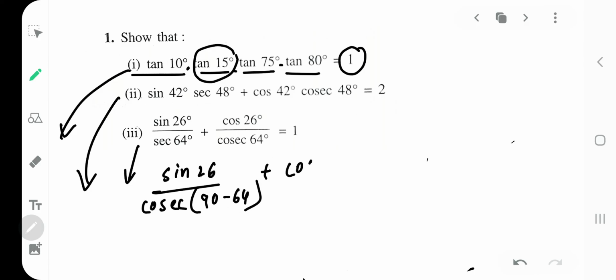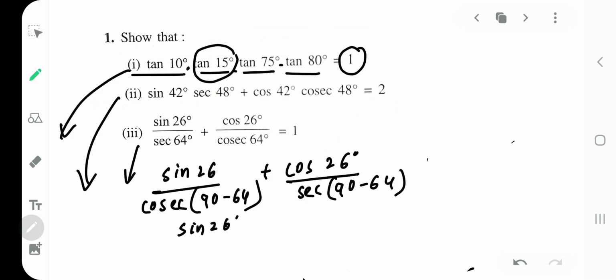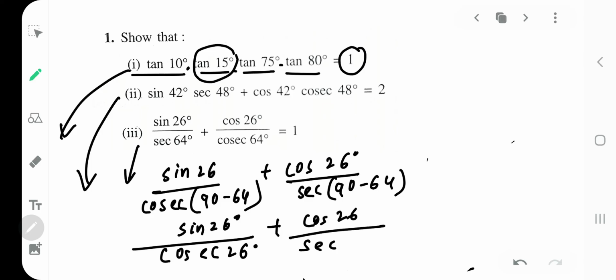For cos 26, let it be. For cosec 64, can I write it sec 90 minus 64? Now sine 26, and down I will get cosec 26 plus cos 26, and down I'll get sec 26.